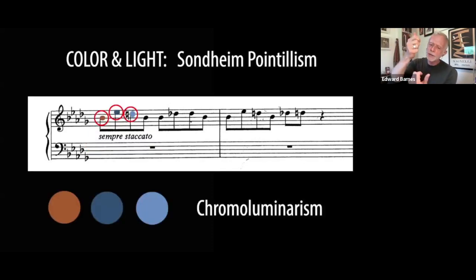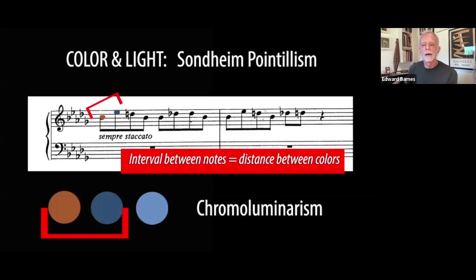And then you have to think of this in the same way Seurat would have thought of this, as chromoluminarism, where each dot is a different color. Now I chose these colors. I'm not saying these notes are these colors, but for instance, those could be those three colors down below. And what Sondheim is particular about is that the distance between each note is the same way the distance between colors reacts.